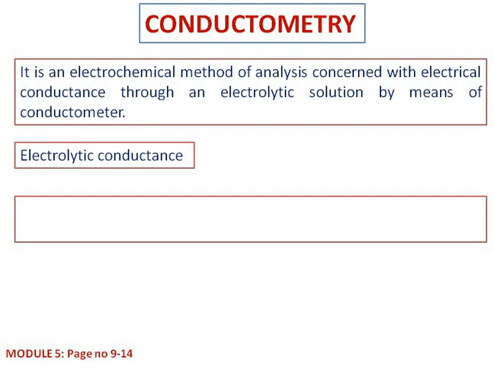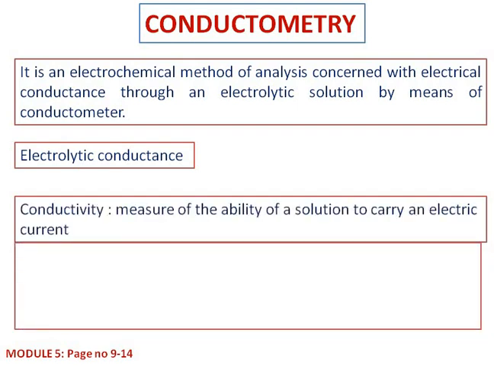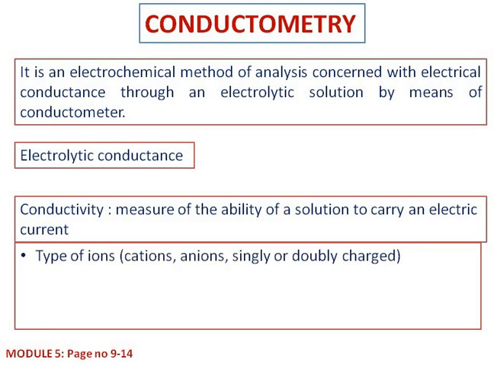How does the conductivity of an electrolytic solution vary? It depends on the following factors. Mainly what type of ions are present in the solution, whether cations or anions, monovalent or divalent, singly or doubly charged. The concentration of the ions also plays an important role, and as the concentration varies, the ability of the solution to carry an electric current also varies.